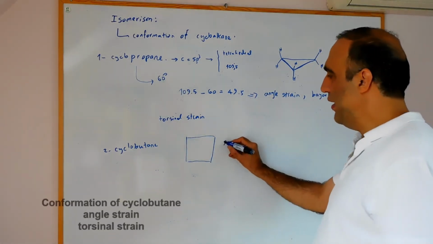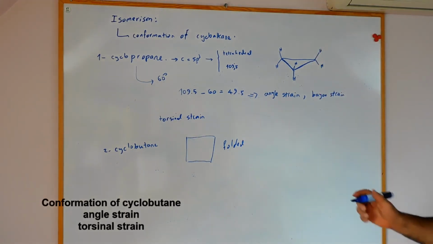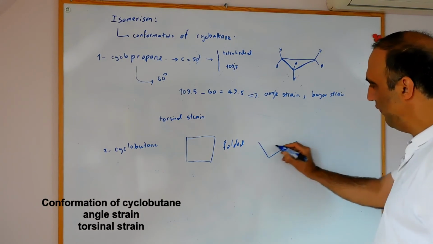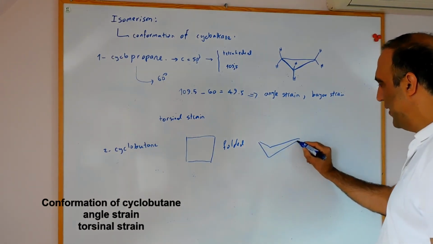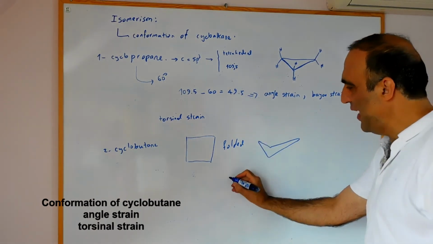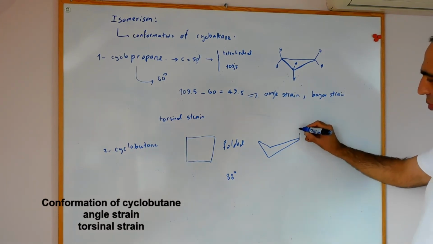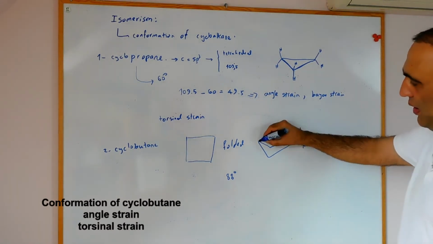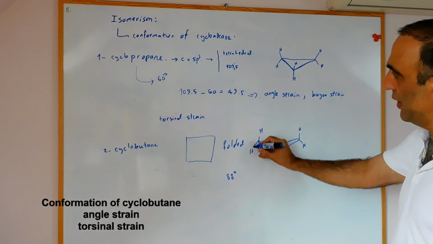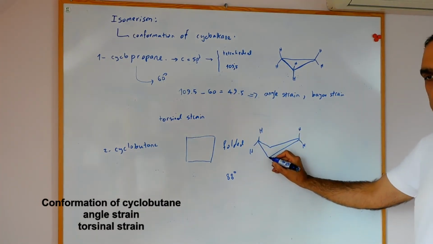It is a little folded, and the geometrical shape will be like this. It is folded. You see, we can draw like this one. And the angle is around 88 degrees. And the hydrogens again are in this situation. As you see, the angle difference between 109.5 and 88 is a little lower.